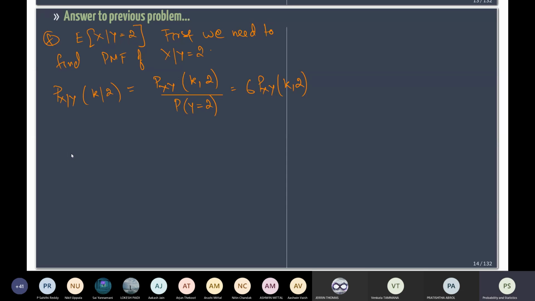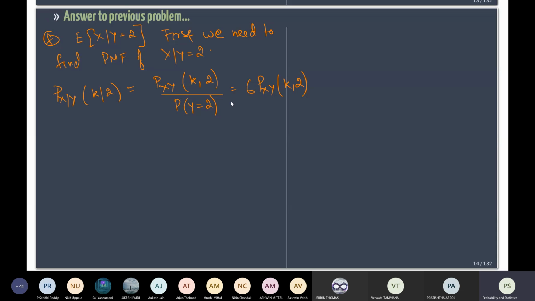From here, what do we know now? There is a restriction here, because this is on the grid.